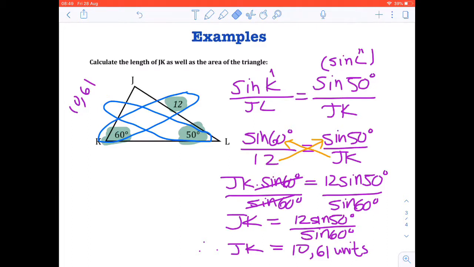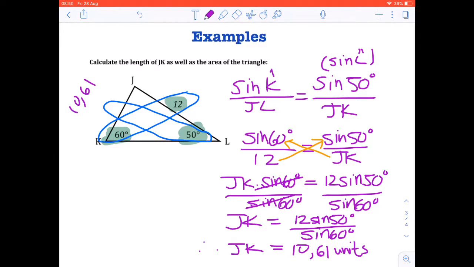Okay, so now we have to work out the area of the triangle. But if you look, we don't have two sides that meet at an angle.